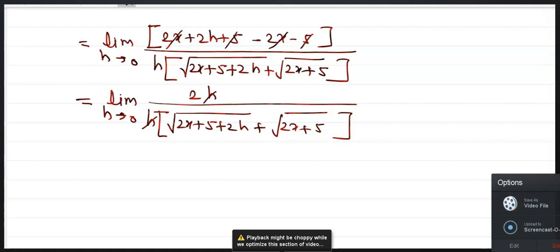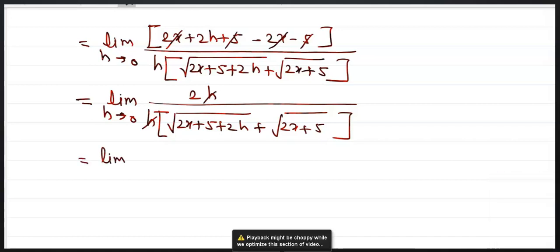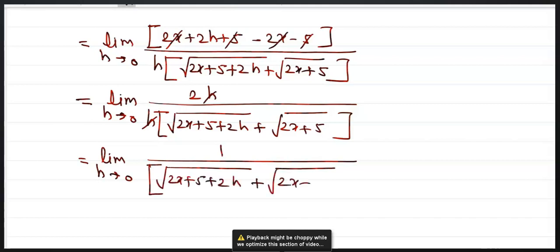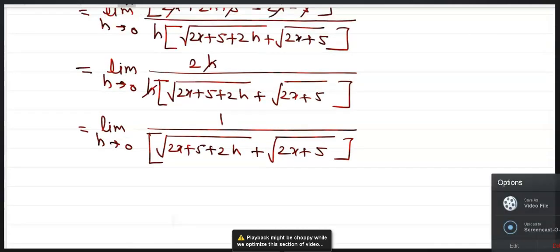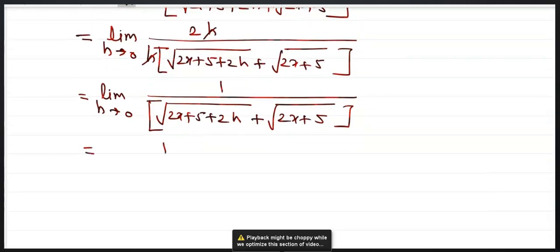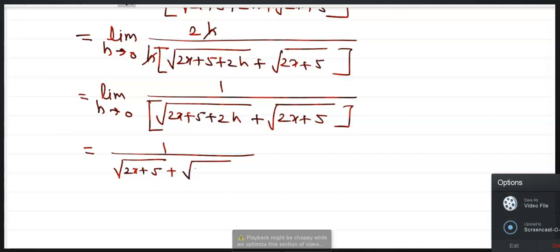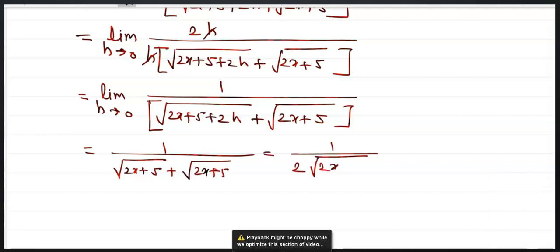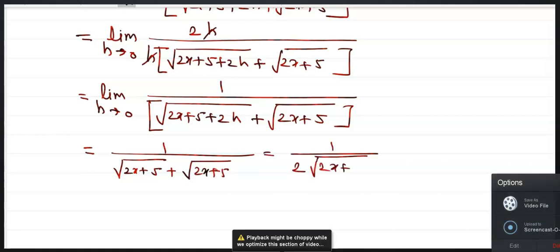Limit h tends to 0, as h tends to 0, we get root of 2x plus 5 plus root of 2x plus 5, that is equal to 2 times 1 upon 2 times root of 2x plus 5. This is the derivative.